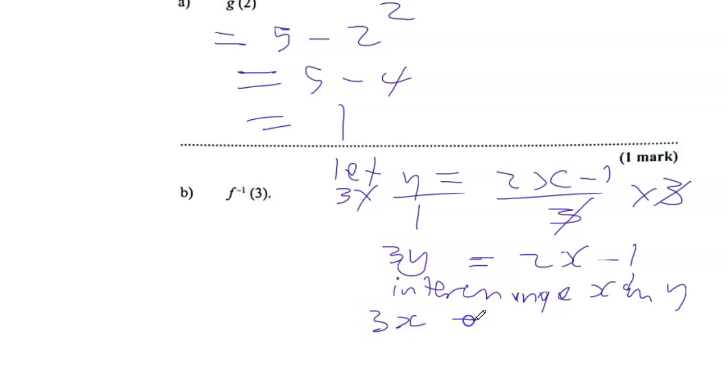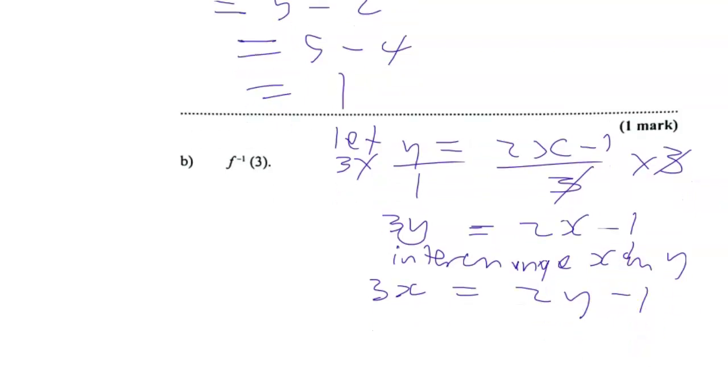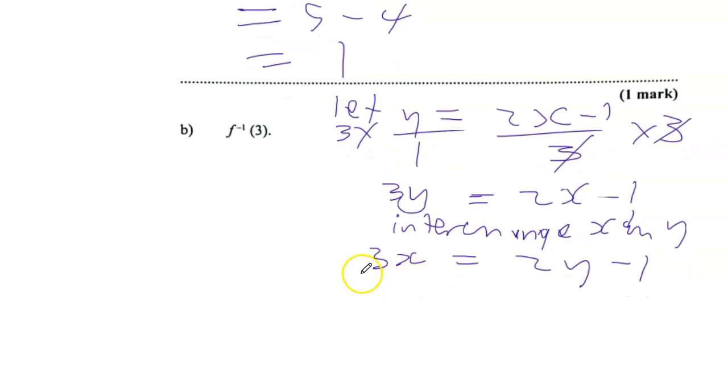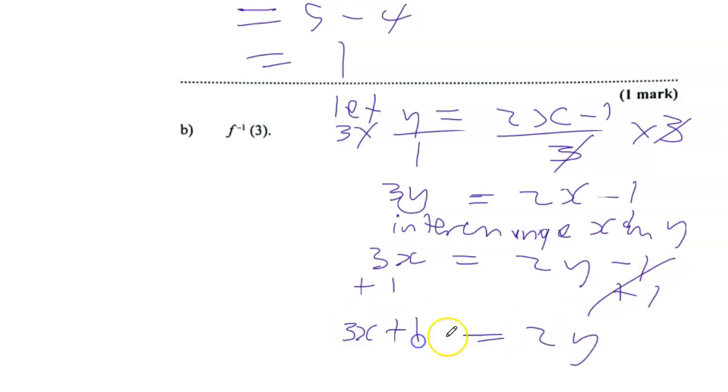So let the x be y and the y be x. So this becomes 3x equal to 2y minus 1. And of course, now we solve for y. To solve for y, we can add 1 to both sides. So we're left with 2y equal 3x plus 1. We'll divide both sides by 2. And whatever you have for y, that's your inverse function.